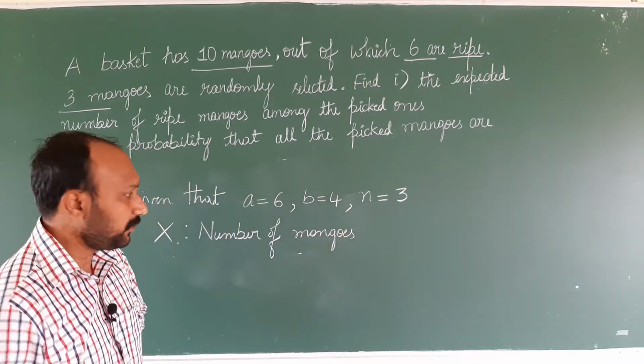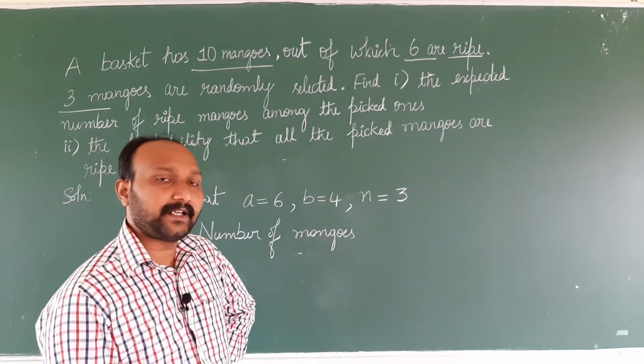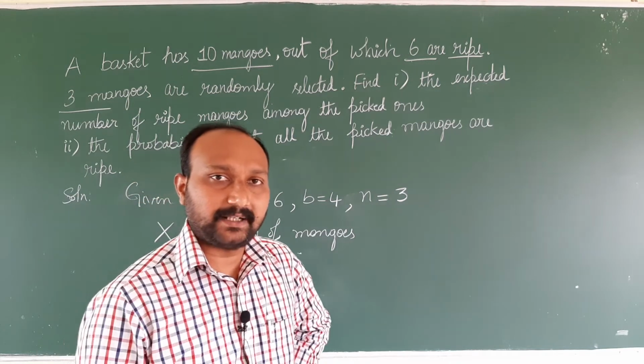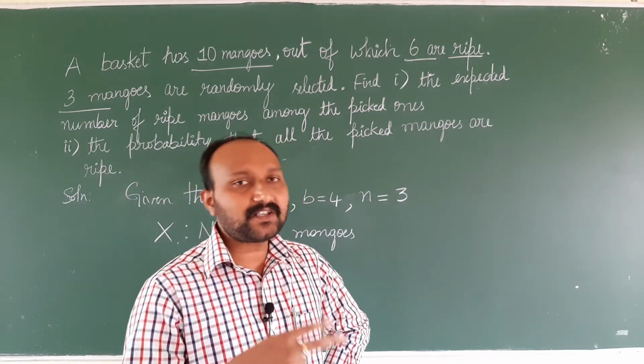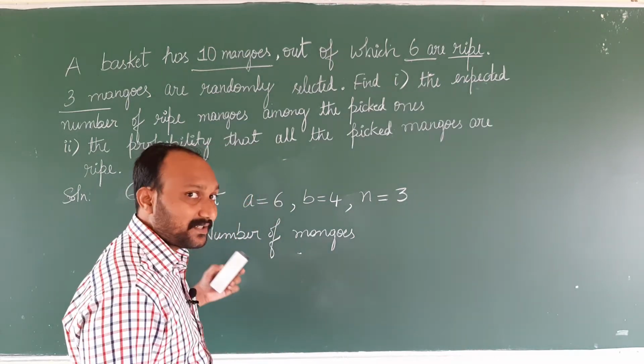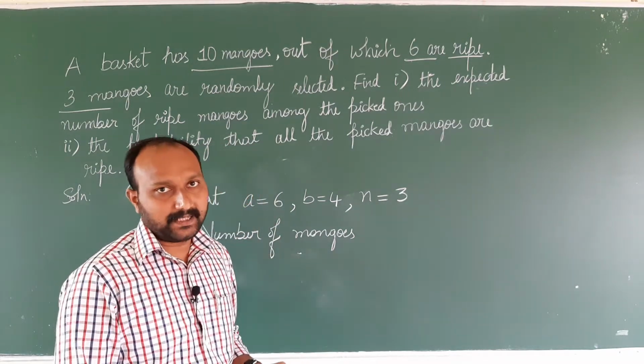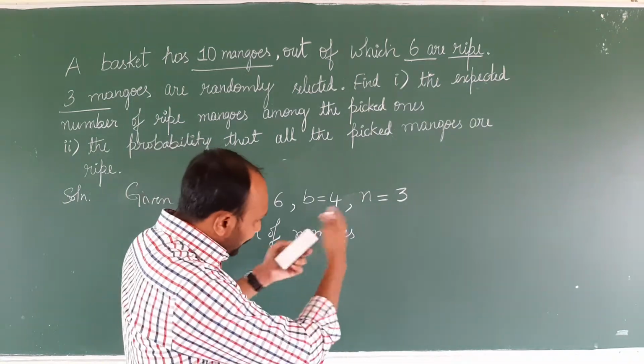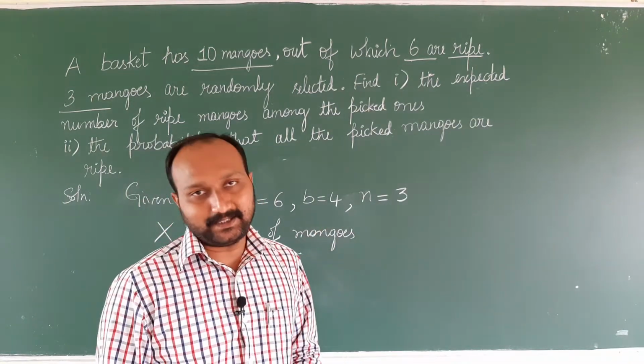There are 2 categories of mangoes: one is ripe, another one is not ripe. So here X indicates the number of ripe mangoes in a sample of 3 mangoes.